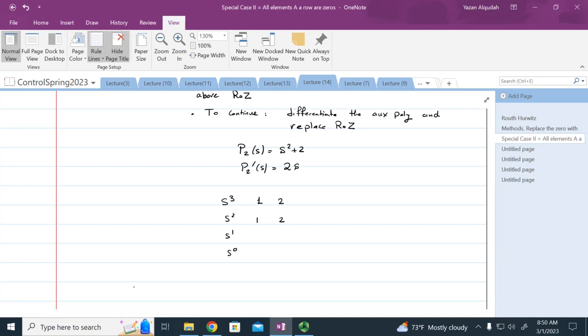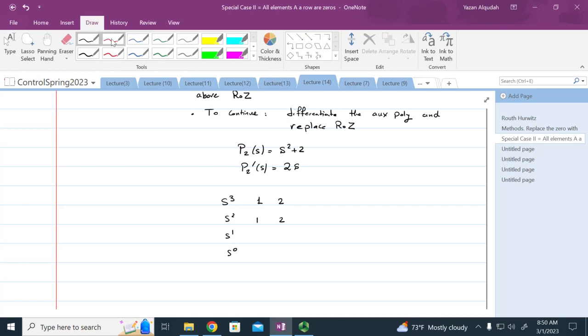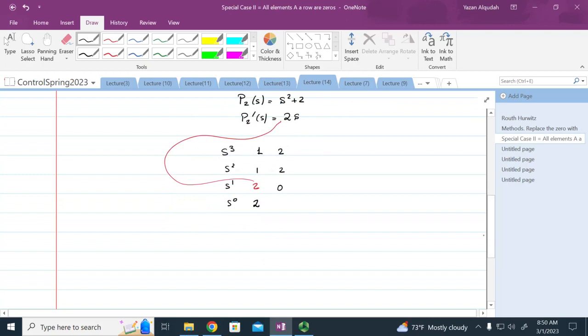What is that going to be? A 2. So this 2 is coming from this one. And then I'm going to proceed. Since I had a 0 here, I'm going to get a 2. Okay.